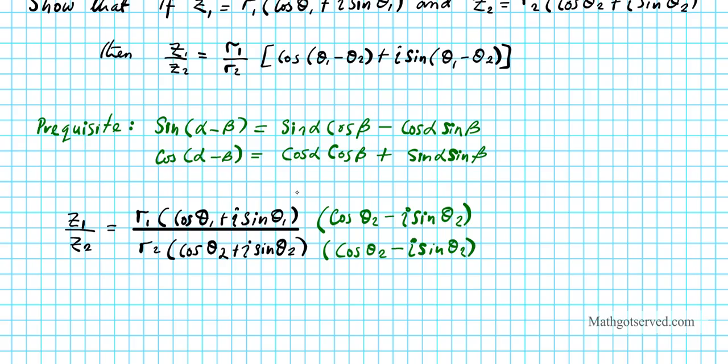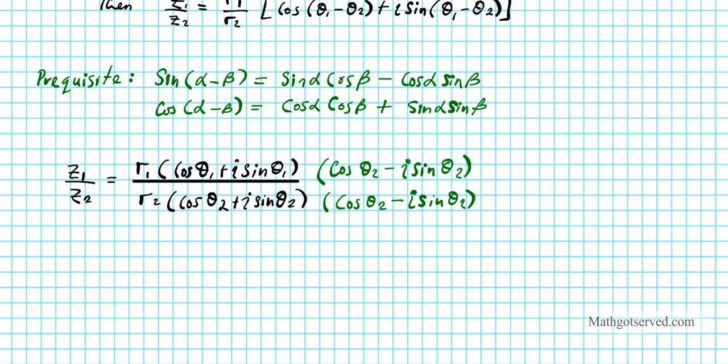So what I'm going to do is I'm going to distribute the numerator and the denominator, just foil them out, and then we're going to simplify. Hopefully we can get this result, okay? So let's go ahead and do that. All right, so we're going to write r1 over r2, r1 over r2. Now we're going to distribute the top. When we do the first, we're going to go first, outer, inner, last.